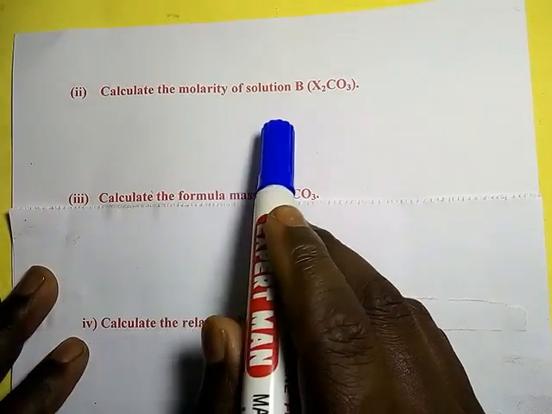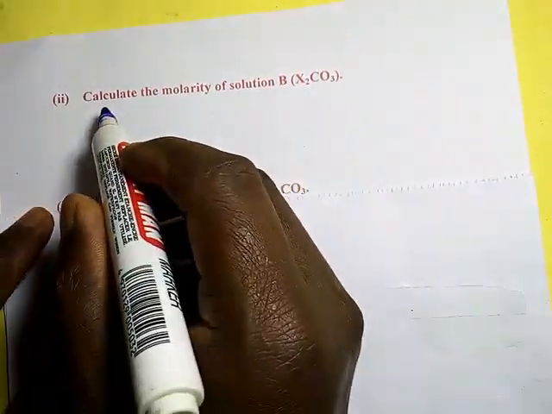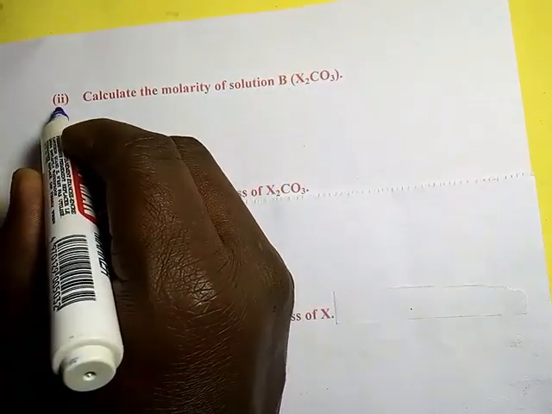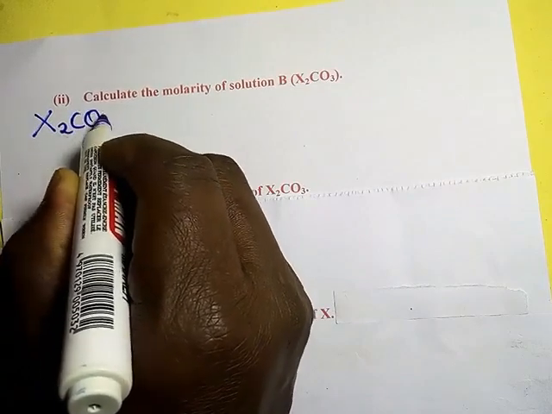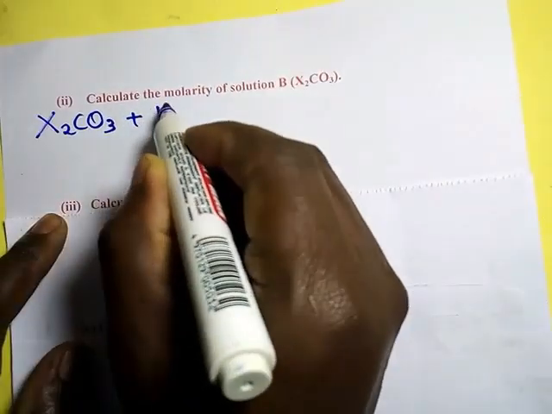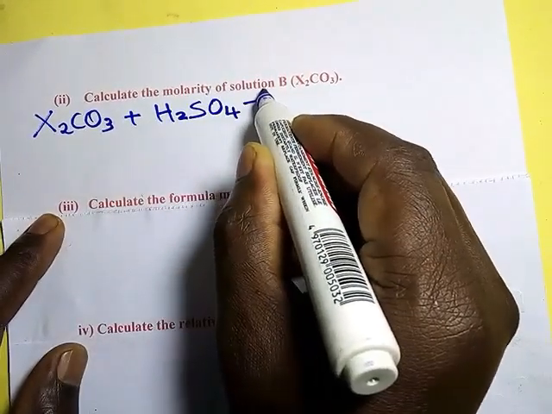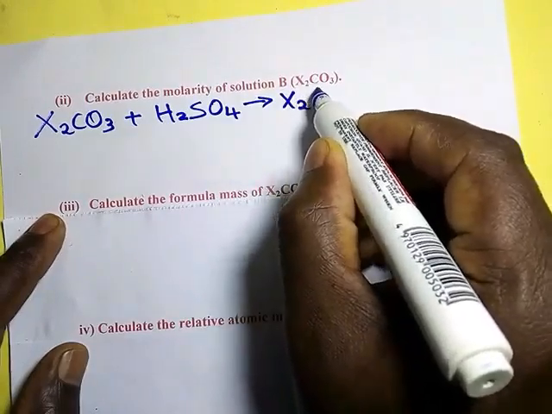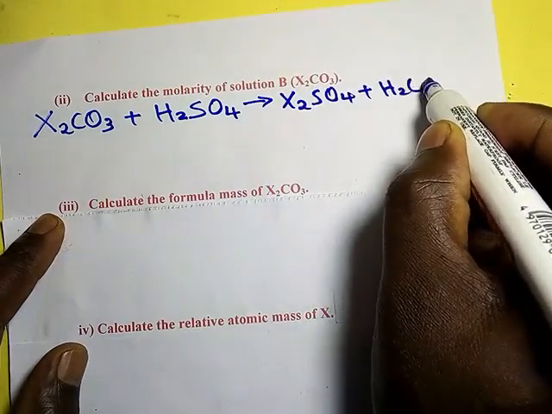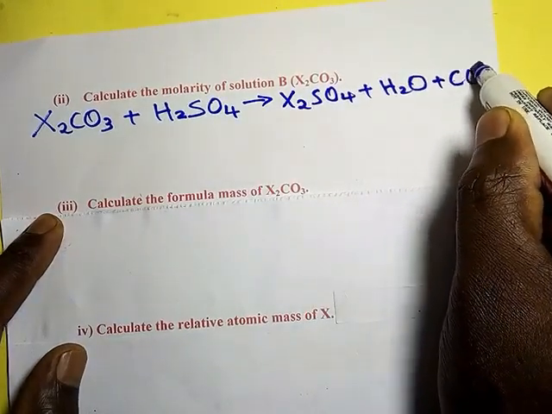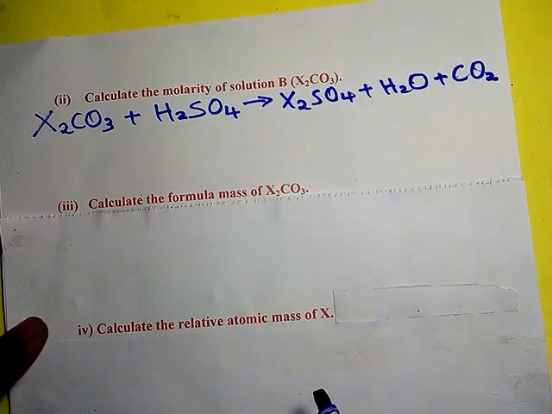Calculate the molarity of solution B, which is the X carbonate. So let us write the equation first. That is X carbonate plus sulfuric acid giving us X sulfate plus the gas carbon dioxide.